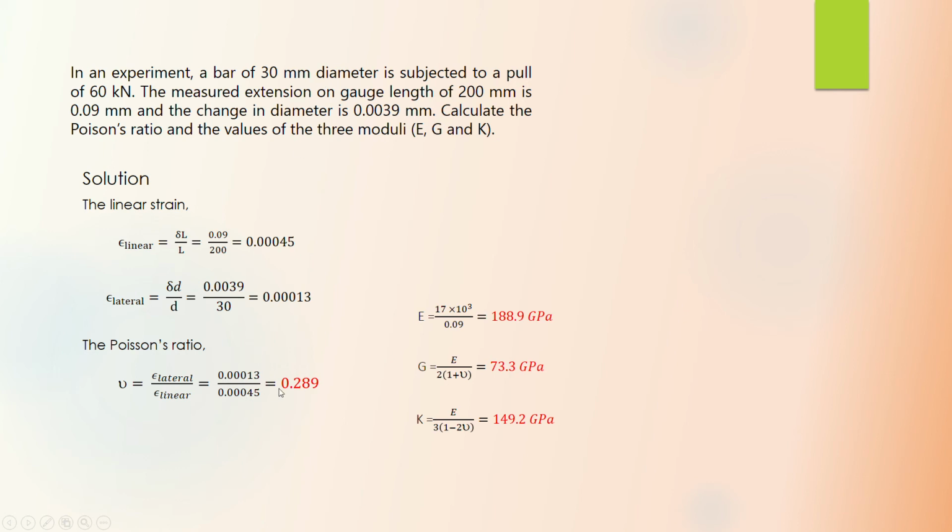So you have 0.289. That's your Poisson's ratio. And we have these three formulas earlier in the notes. So you just substitute all relevant values into the three formulas. You will get your Young's modulus, your shear modulus, and your bulk modulus.